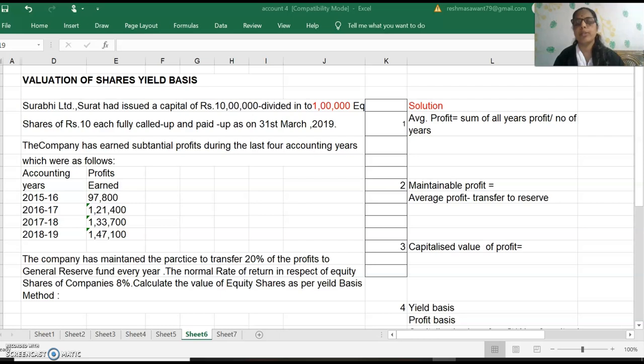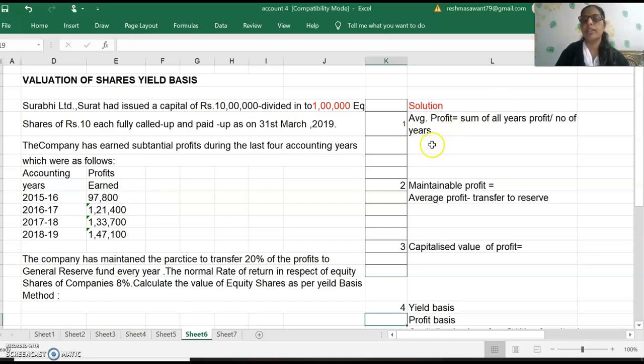Then the last point: whatever the maintainable profit is, it is converted into the capitalized value of profit. That is the third step of valuation of share according to yield basis. Make sure that whether you are calculating profit basis or dividend basis, you have to calculate these three steps. It is compulsory for both methods. So let's start with the solution of the average profit method.